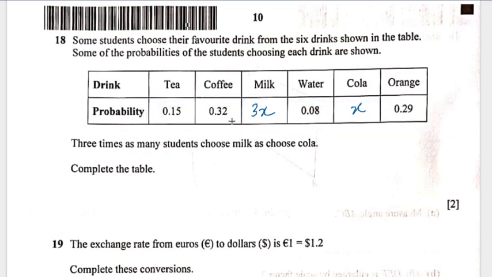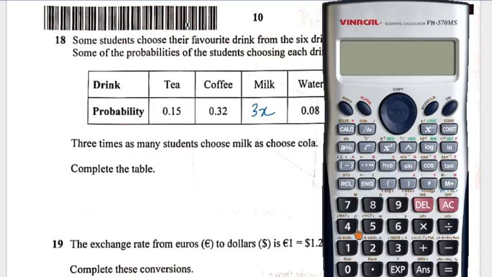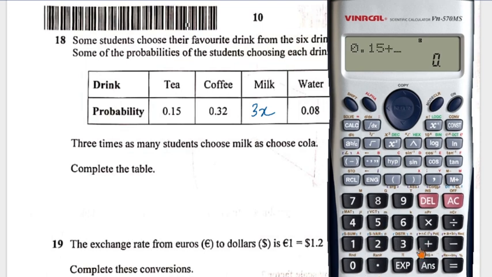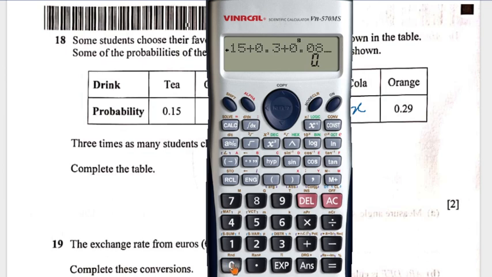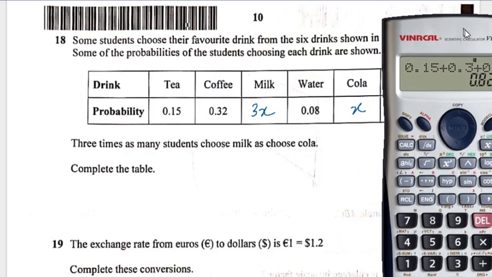Okay, so let's find the remaining first here. Let's find here 3x plus x. So we total up first 0.15 there, right? 0.15. Plus 0.32 plus 0.08. Okay, plus what again? 0.29. What is that? 0.82, isn't it?